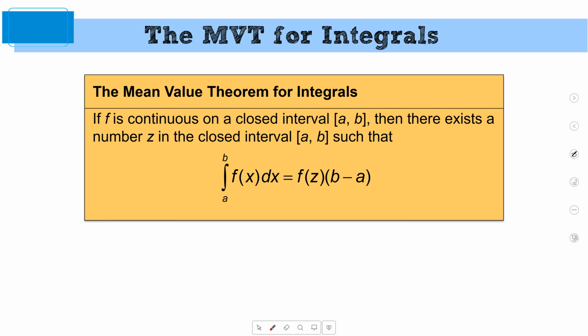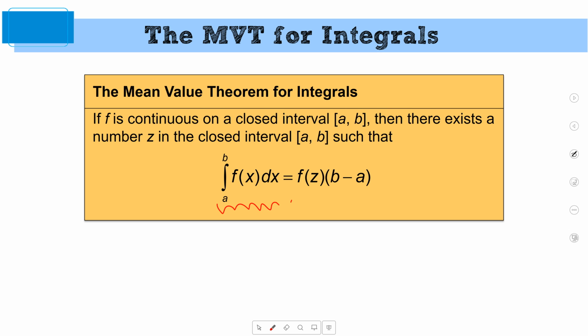So there it is. It's got to be continuous. We have to put that in there just to keep everybody above board, but it's got to be continuous, otherwise it doesn't make any sense. And so the left half of this is what we already know: area under the curve from a to b.